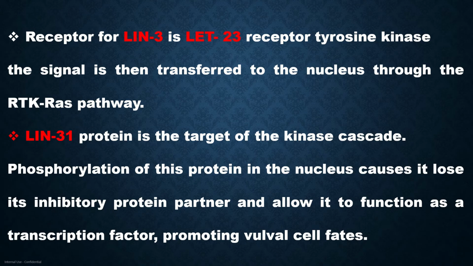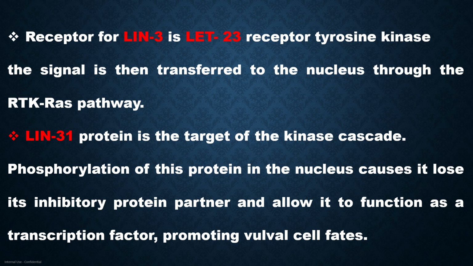Now let's see. The receptor for Lin3 is the Let23 receptor tyrosine kinase. The signal is then transferred to the nucleus through the RTK-RAS pathway. Lin31 protein is the target of the kinase cascade.